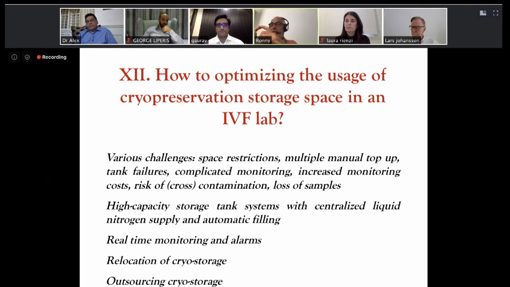These vitrified devices with RFID can be transported outside and be stored there with online monitoring and everything. So I think in the long run we can go for outsourcing, but the first step is going for high-capacity automated storage tanks.